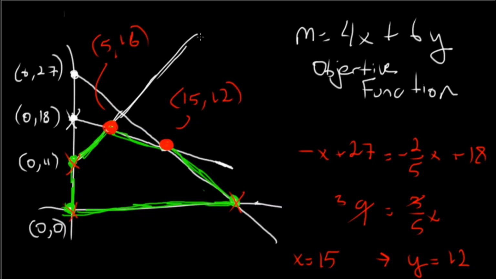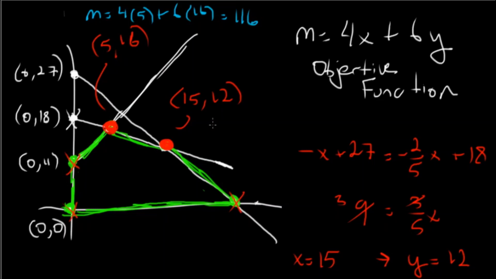Which one's better? There's several ways you can think about it. I'm just going to go ahead and plug them in. So just going to do that real quick. So for here, m is equal to 4 times 5 plus 6 times 16. That is equal to 20 plus 96. That is 116.